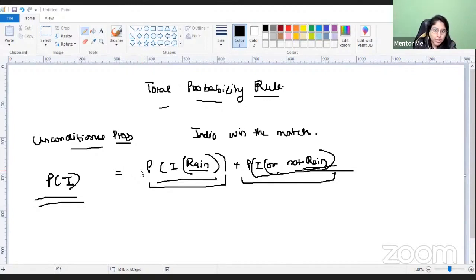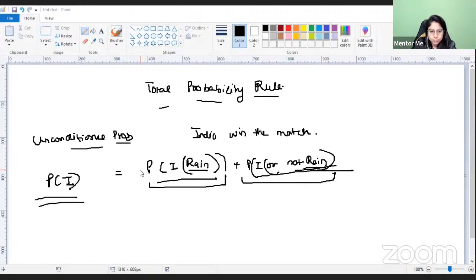There are two things: India winning the match when it rained, or India winning the match, that's it, irrespective of whether it rained or not. So when we are calculating the total probability of an event, irrespective of the conditions, then we use the total probability rule.